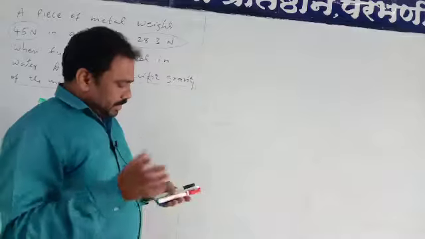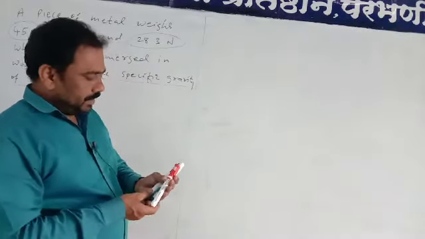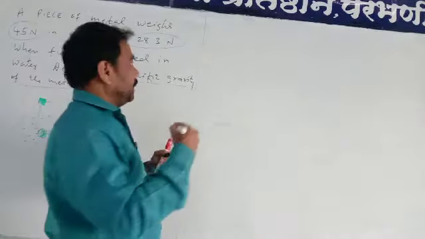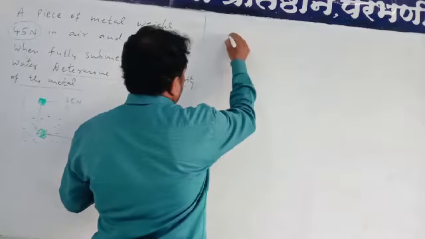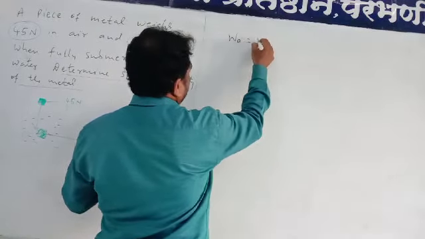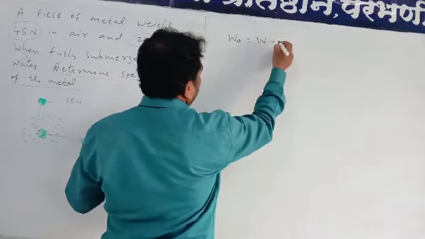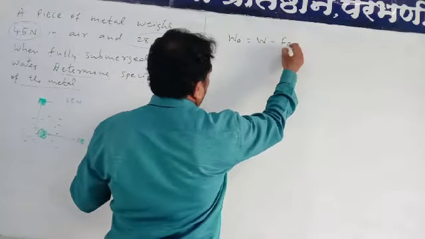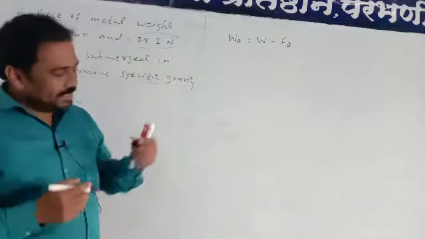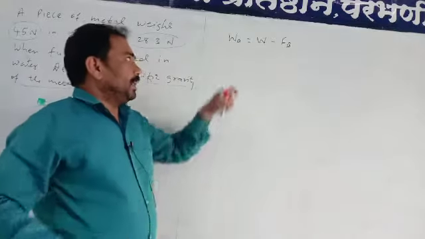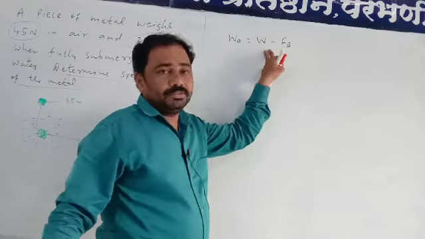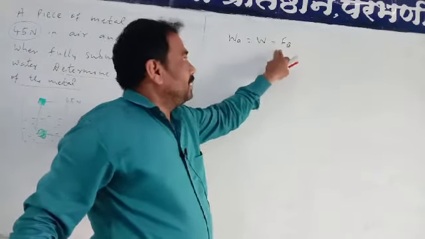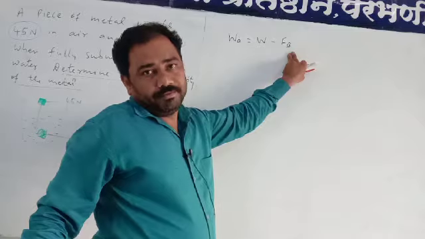We have seen one concept: if we want to calculate apparent weight, apparent weight W is equal to the difference between actual weight and buoyant force. We have seen in the theory that the apparent weight of the object is equal to the actual weight of the object minus buoyant force.